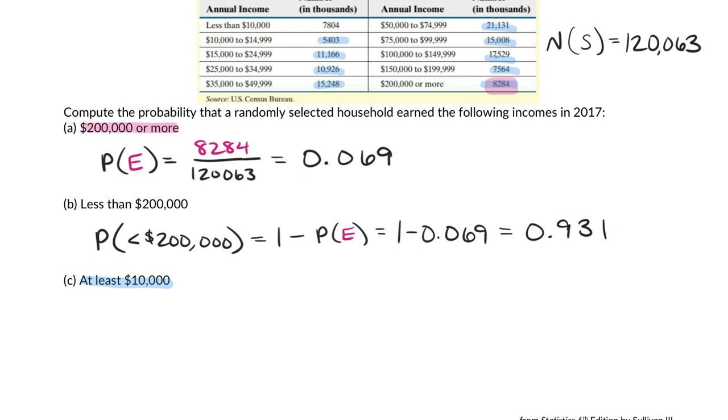So instead, do you see that there is only one category that I did not choose? Yes, so if we wanted to see the probability that we earned at least $10,000, we can compute that as the complement of, or 1 minus, the probability that we earned less than $10,000, which is a category we can see on our table.